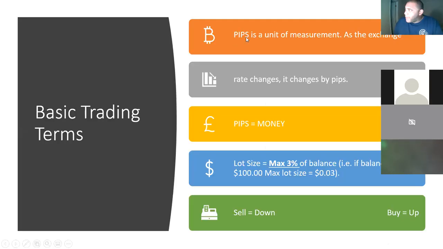So pips are a unit of measurement. As the market moves, it's moving by pips. Pips equal money. You may hear people say that I caught 10 pips, I caught 50 pips, I caught 100 pips. Everyone else will trade at a different lot size, and the lot size will be determined by your account balance.